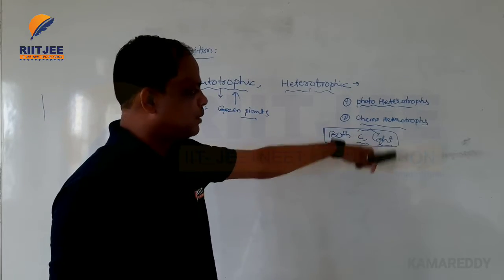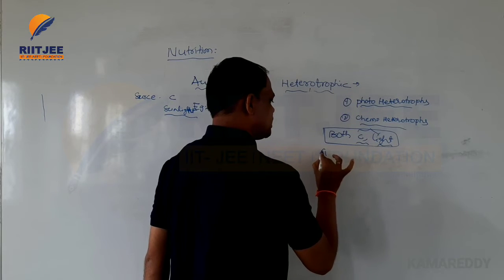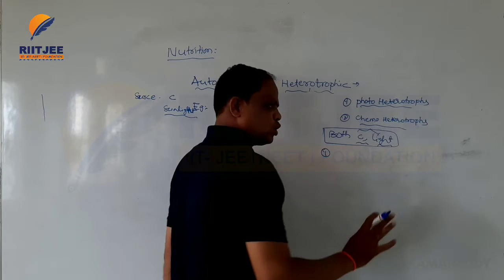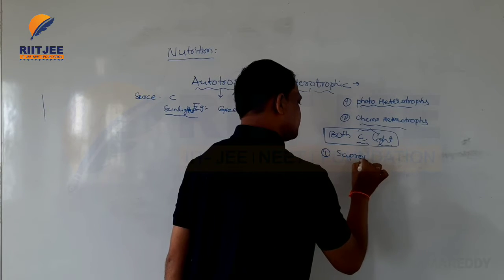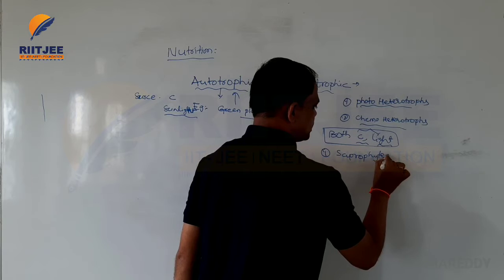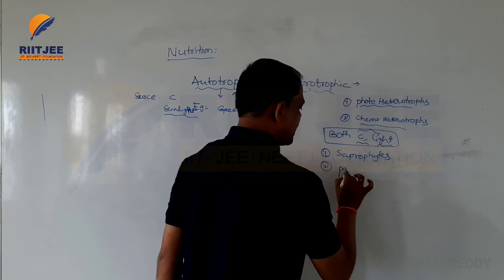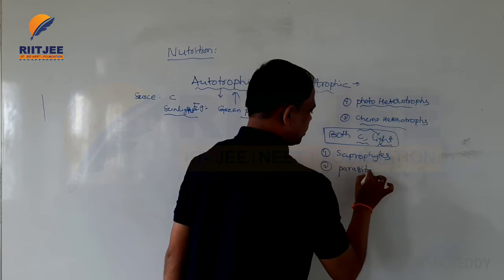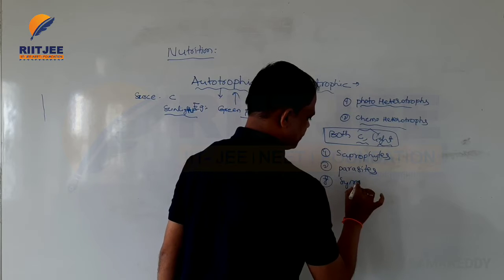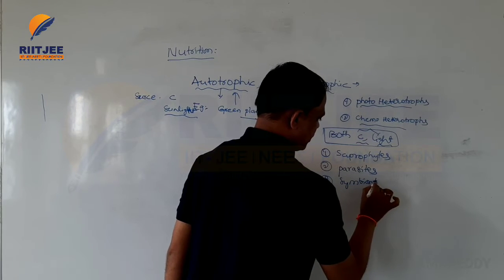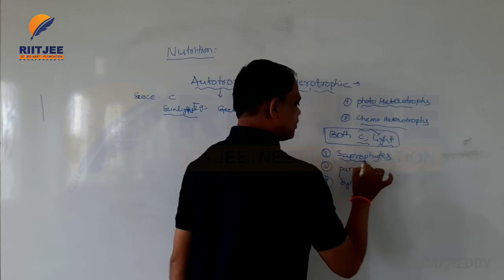Based on this dependence, chemoheterotrophs are again divided into three types. One is saprophytes, the second one is parasites, and the third one is symbionts. These are the three types.